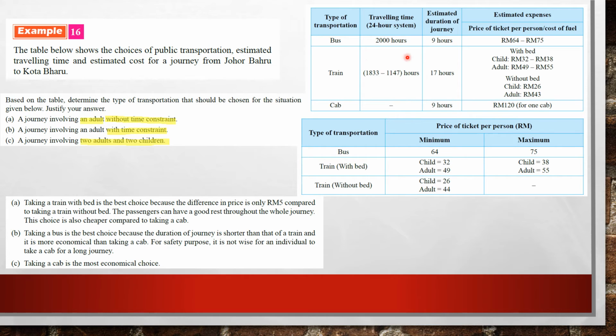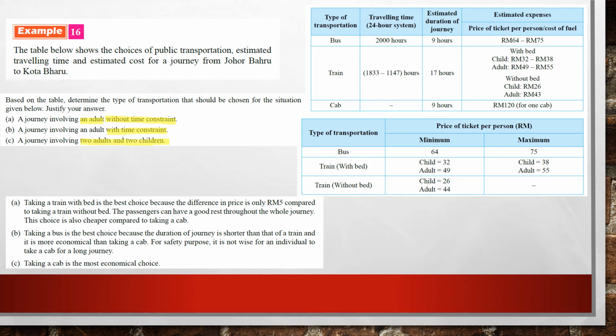If they take the bus, this 64 ringgit you have to multiply by 4. When taking the train it is also the same thing, all the prices you have to multiply by 4. So the cab will be the economical choice. So for part C, taking a cab is the most economical choice.